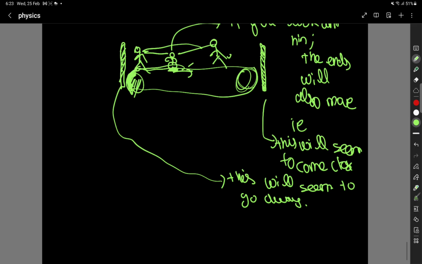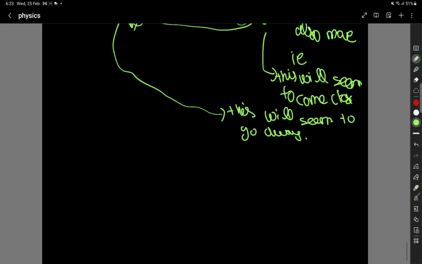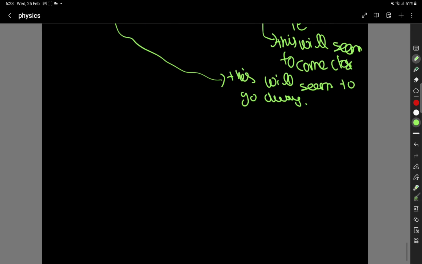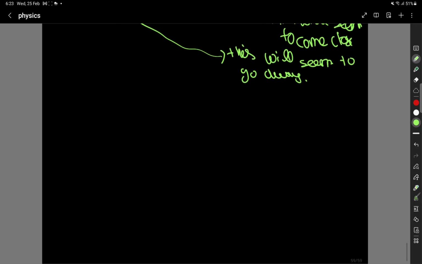For him it will not look like the boys meet in the middle and then go away. Instead, they'll meet here, and then the ends will go somewhere, and the boys will go somewhere. So this is the problem if you do this method. The assumption is basically wrong.